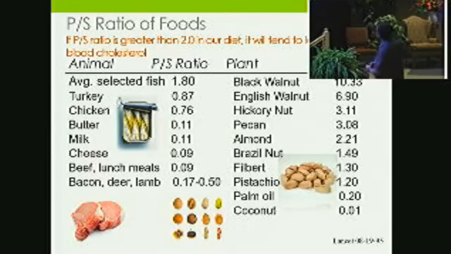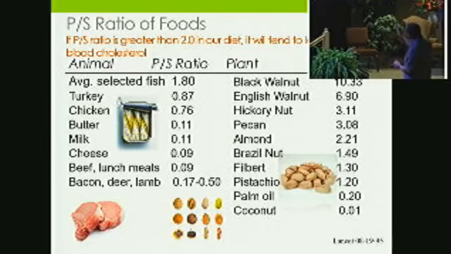And as you notice, if the ratio is greater than 2.0, that means the number on top is bigger than the number below. Some literature says if the ratio is greater than 1.0, it will tend to lower your blood cholesterol. Simply put, the more plant stuff you have, less animal stuff, the easier you're able to lower your cholesterol. And here we go again, a list of some of the ratios for different products.